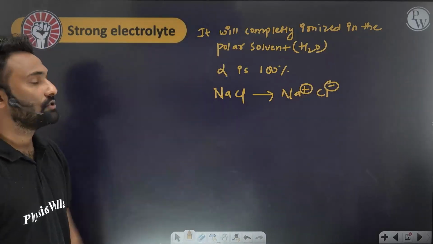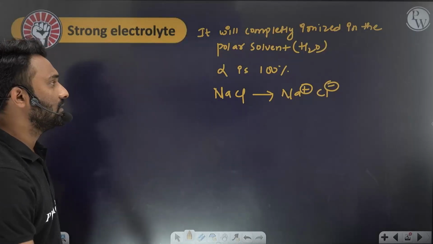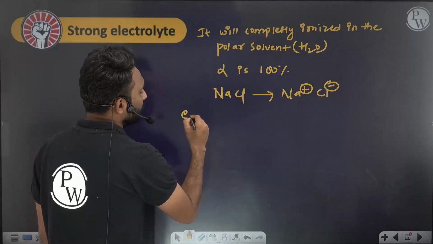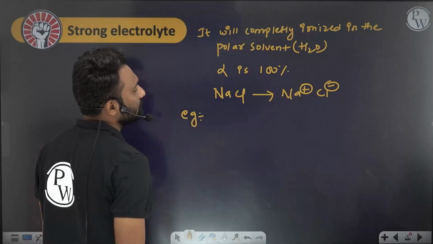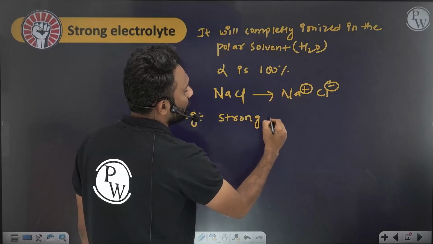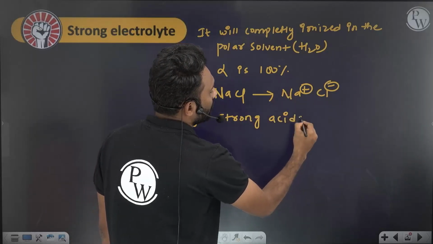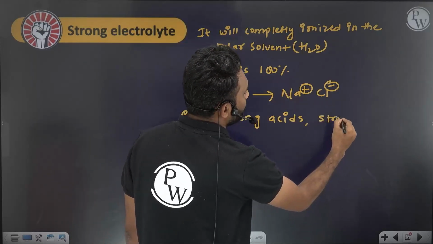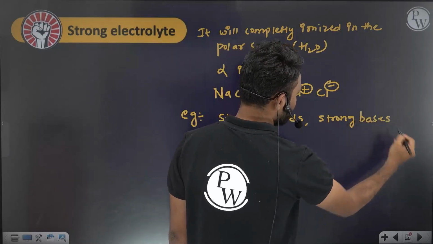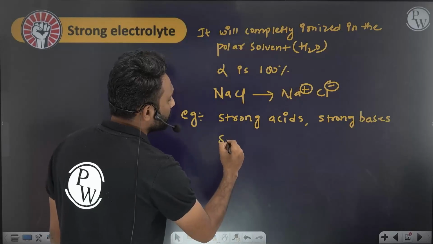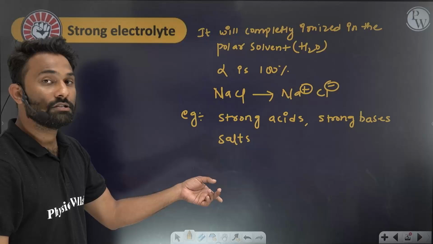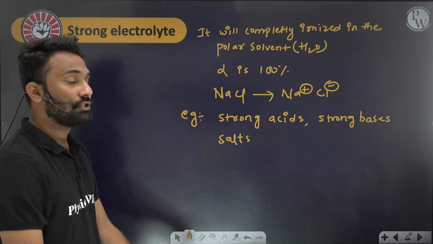NaCl is a strong electrolyte. Examples of strong electrolytes are strong acids, strong bases, and salts. The salts also will act as strong electrolytes.